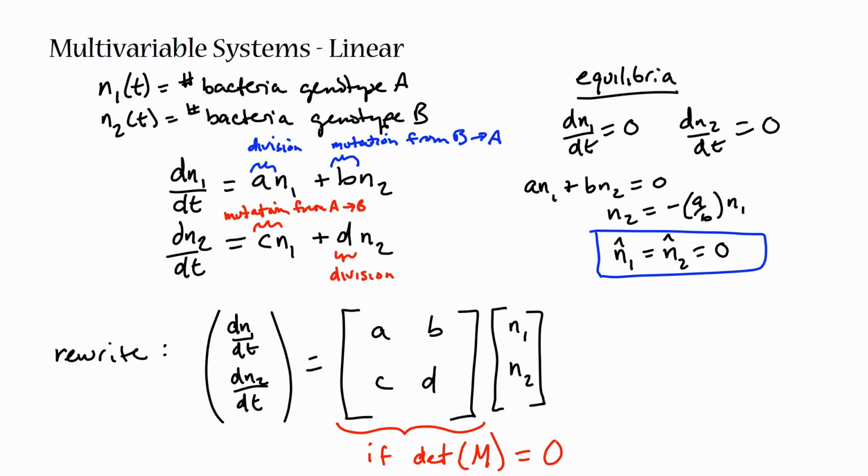It's still something you should be aware of. So to find the stability of our equilibria, we go back to this matrix, the matrix of coefficients, which were a, b, c, and d.